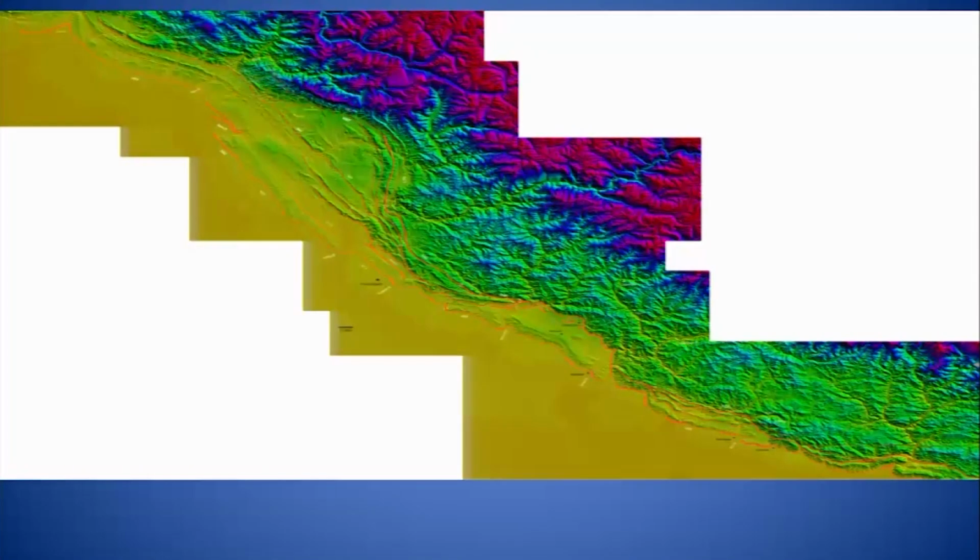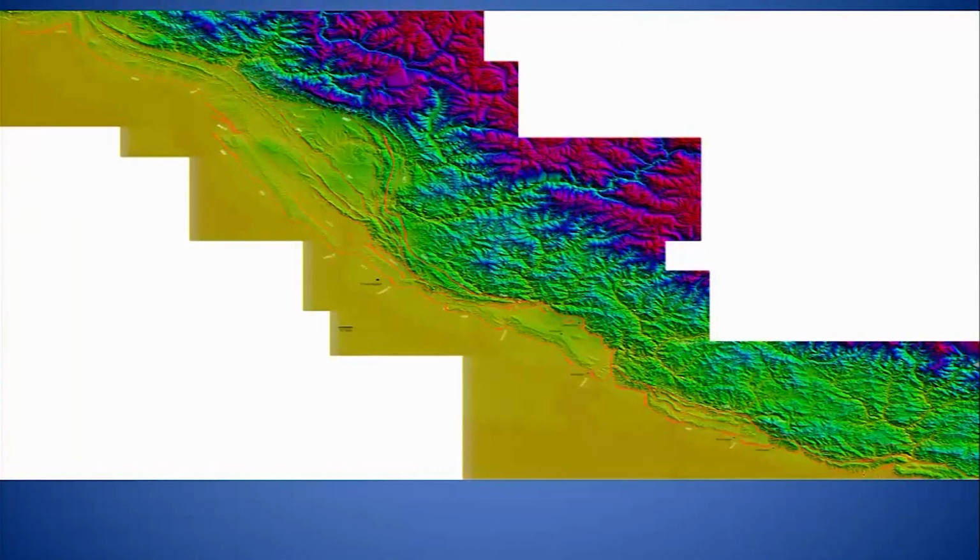So now what we are doing at IIT Kanpur along with some other institutions in India is that we have taken up the whole area with an aim to identify the active fault traces and come up with a digital active fault map.